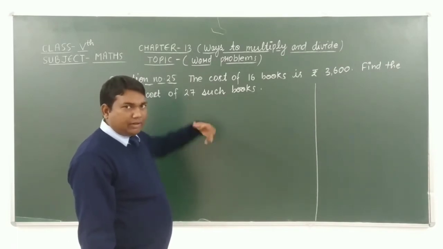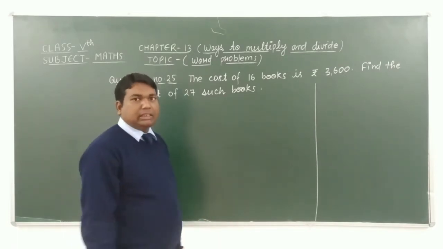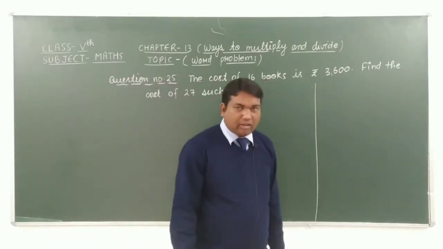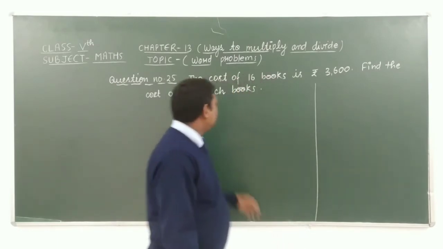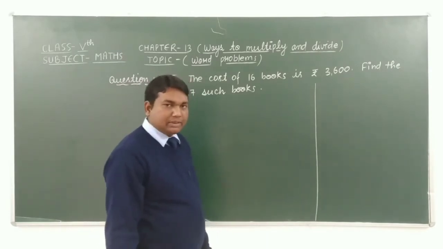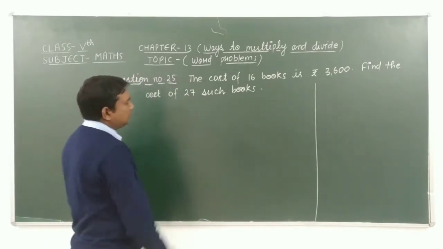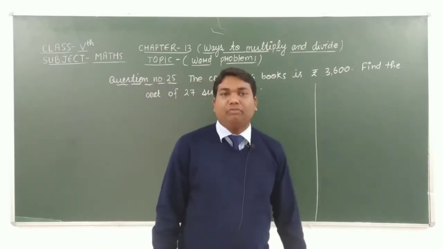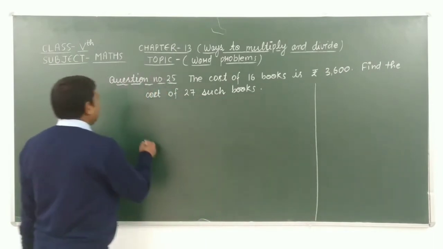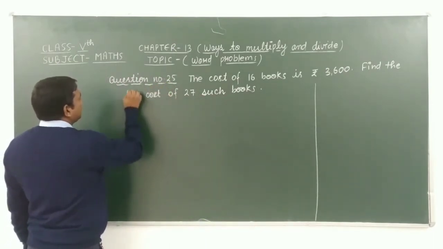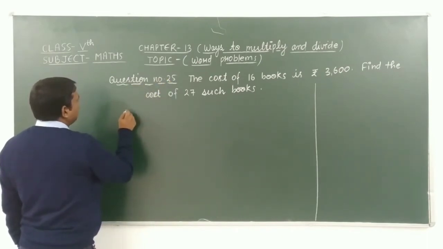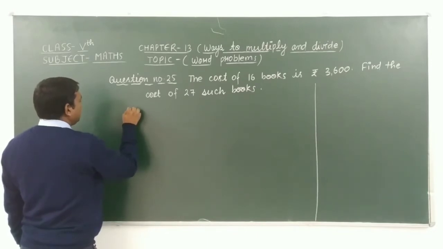Okay, dear students, after multiplying, we get the cost of 27 such books. It means that we get the answer of this question. Now let's start the solution of question number 25.